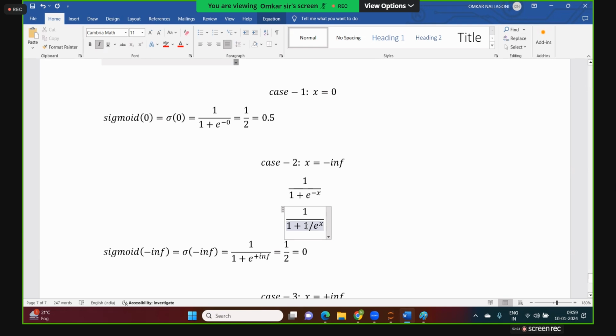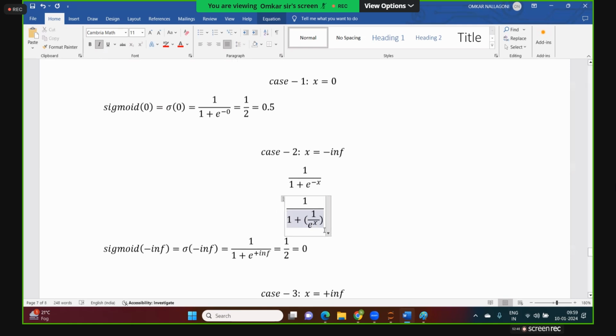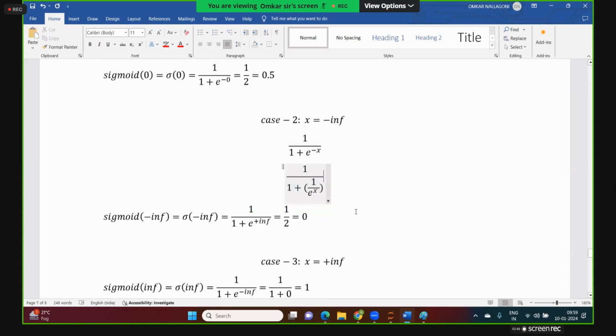This part we can write 1 by 1 by, and then again this e power x.